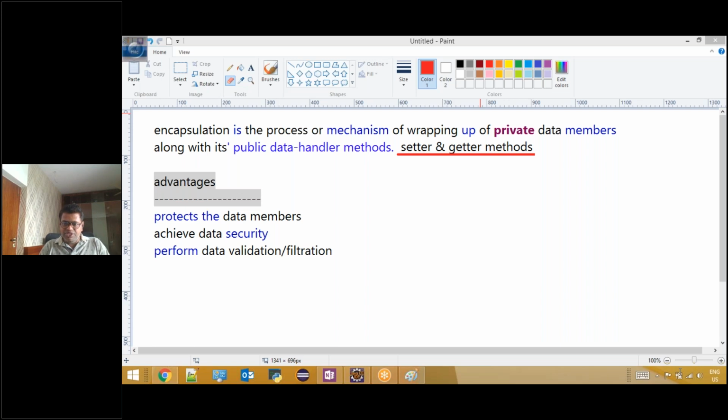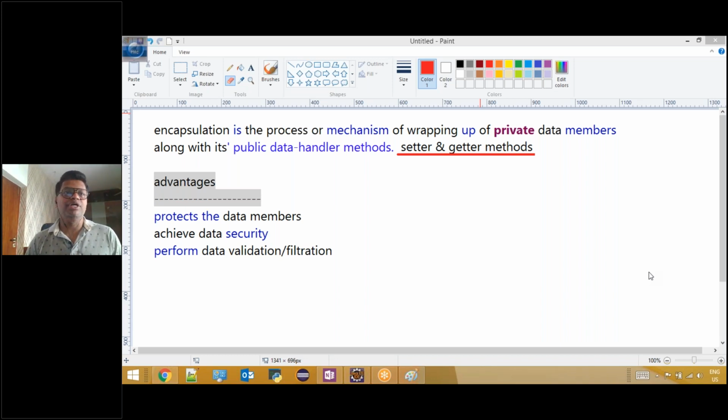Smita is asking a question: is the name of the method whatever the user wants? Can we give any name to the method that we want? Smita, logically, yes, you can give whatever name you want. Instead of get ID, you can say fetch ID or retrieve ID.